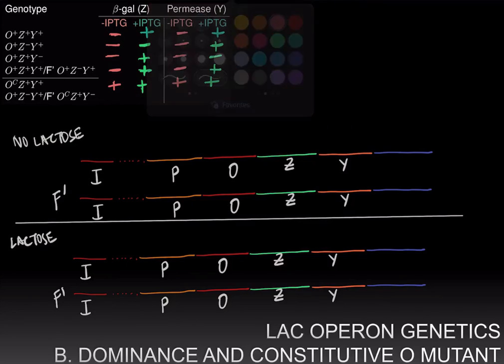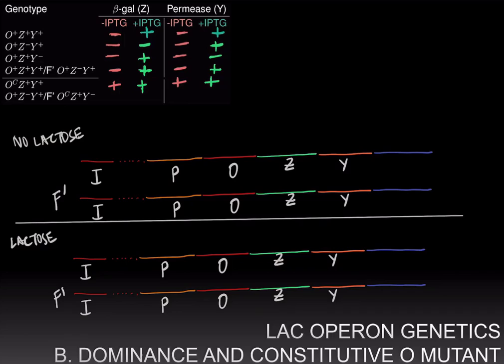When they performed this experiment, the result was that Y, which was paired with a wild type operator allele, was inducible as before. So it matched the wild type. However, Z, which was paired with the constitutive mutant OC for the operator, became constitutive.